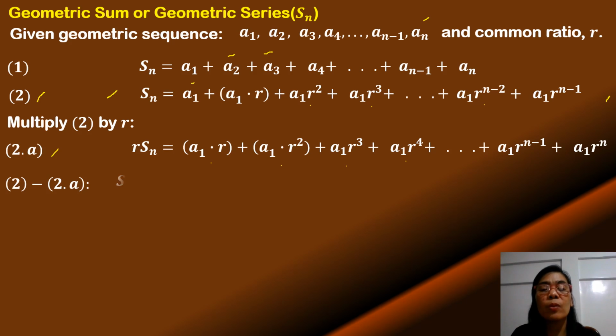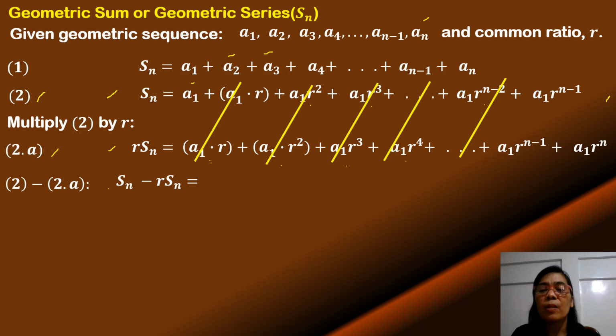Okay, so comparing now this equation 2 and equation 2a, if we subtract equation 2 minus 2a, in the left member we get s sub n minus r times s sub n. Notice at the right side, these terms cancel out.